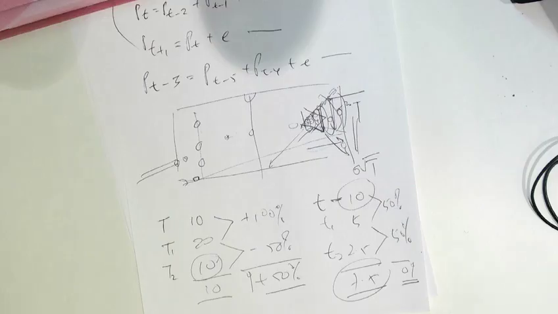So we're going to look at two types of volatility. We're going to look at historical volatility and we're going to look at implied volatility. We will look at implied volatility next week, and this week we'll see how we can calculate historical volatility.